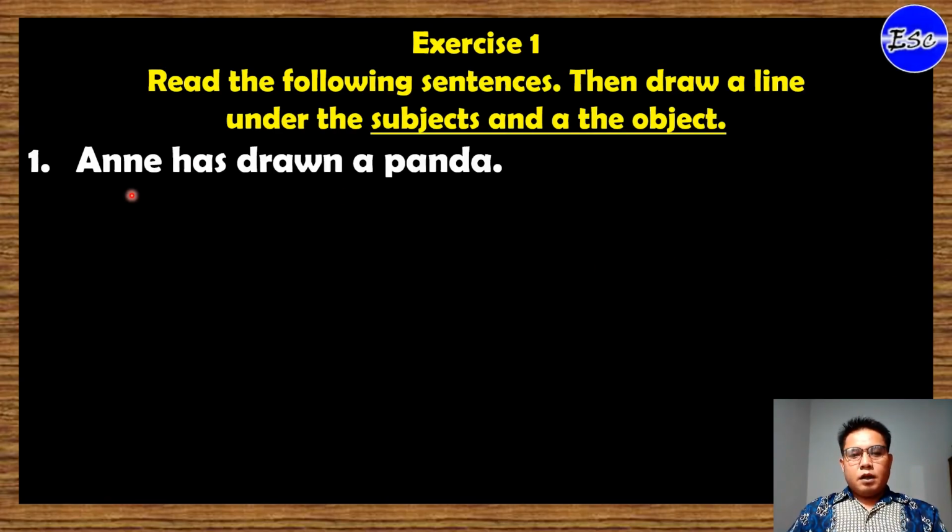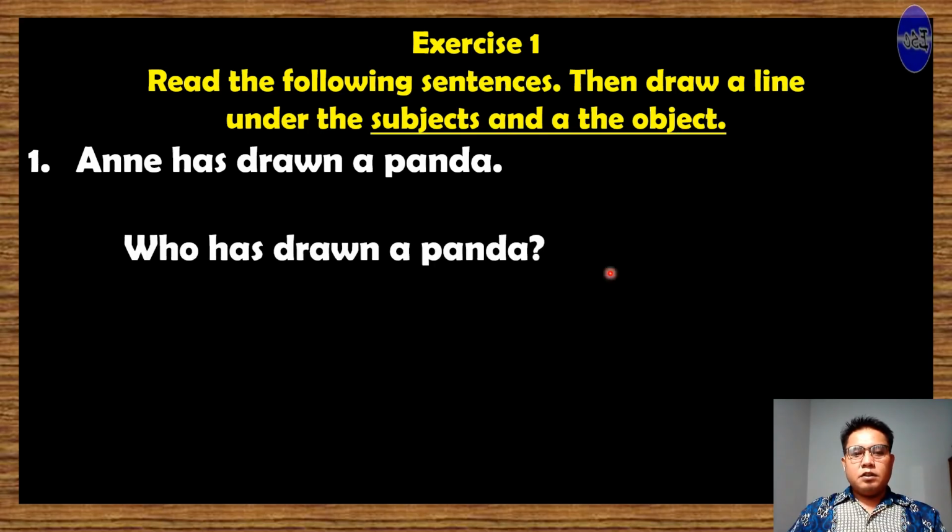Number 1. Anne has drawn a panda. Okay, let me guide you. Our task here is to find the subject and the object. To find the subject of the sentence, we can ask the question who if the subject is a person. Anne is a kind of person, so we ask who.